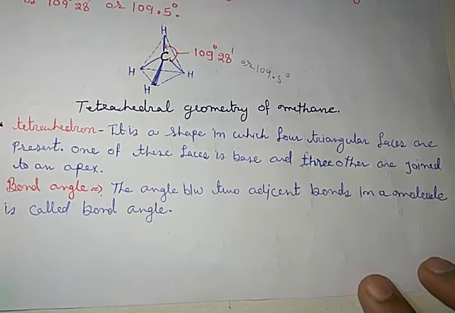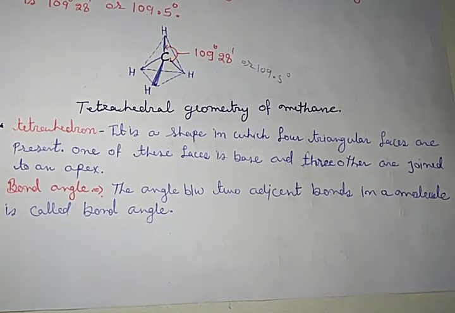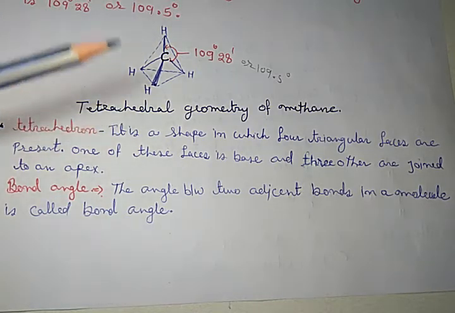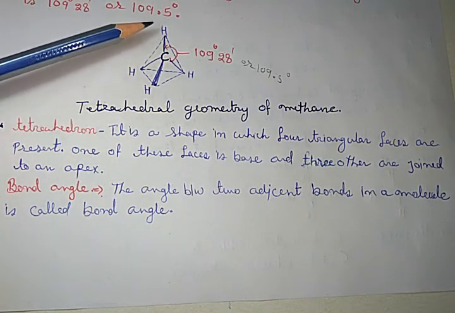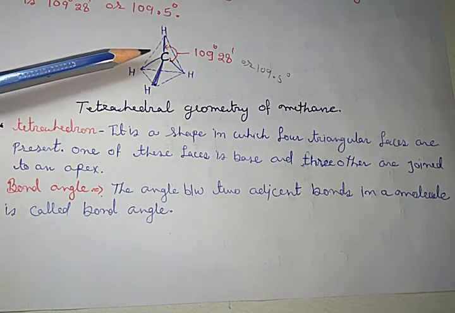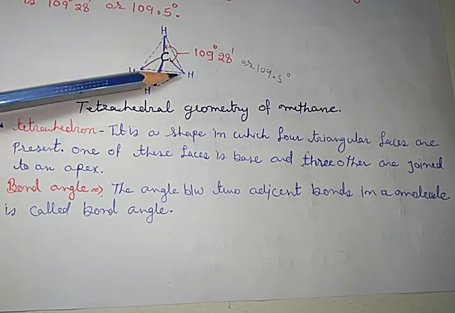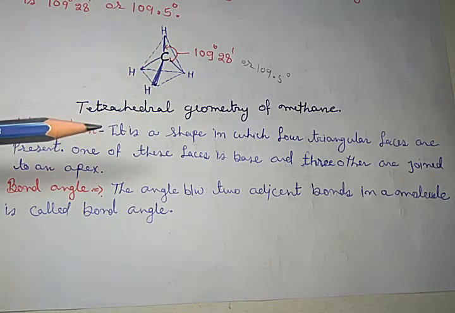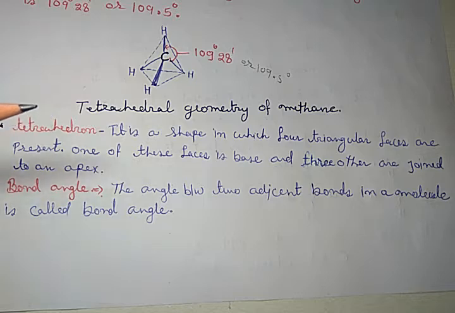The second term which we used in the above topic is bond angle. The angle between two adjacent bonds in a molecule is called bond angle. These are two adjacent bonds and the angle between them is called bond angle.